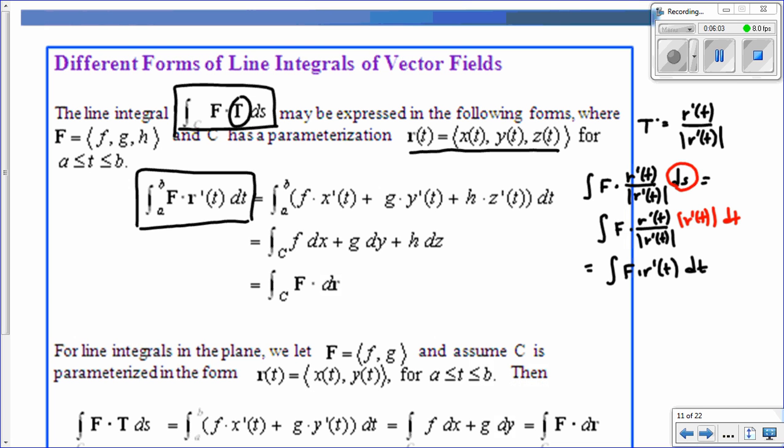But we could write r prime as the vector x prime, y prime, z prime. So this integral could be written as f dot this vector x prime, y prime, z prime.